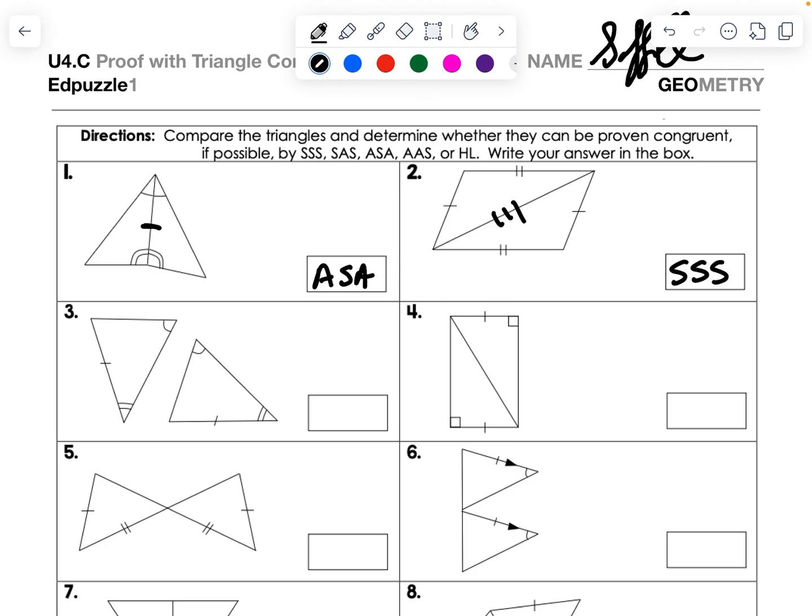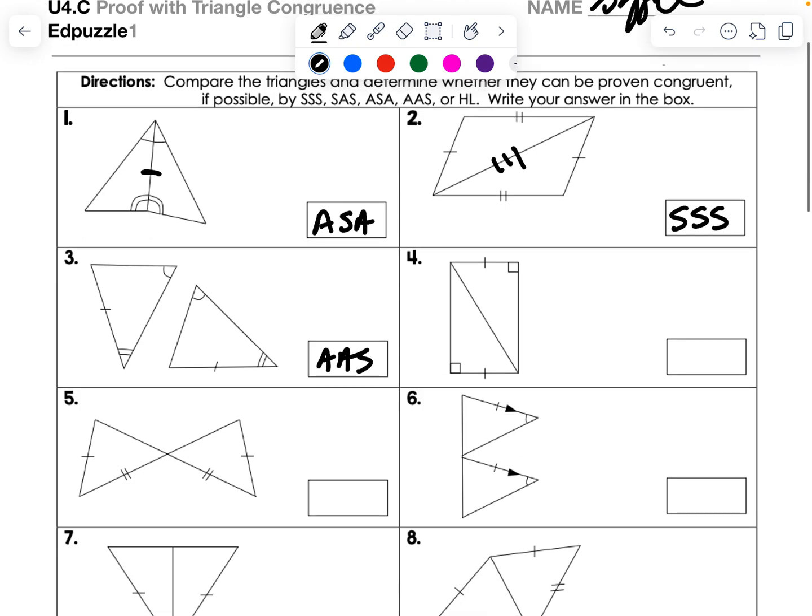Here, we have angle, angle, and then a side. So we would have AAS congruence. Here, this one's a good one because we have a right triangle and we have side angle, but since it's a right triangle, really what we have is hypotenuse leg, which is enough to prove something congruent.